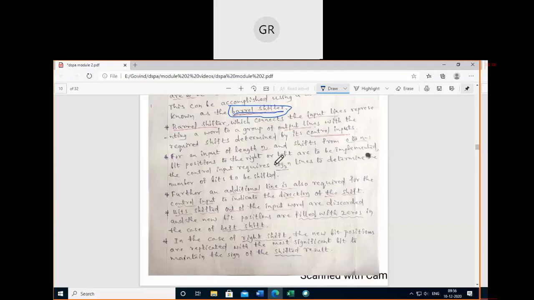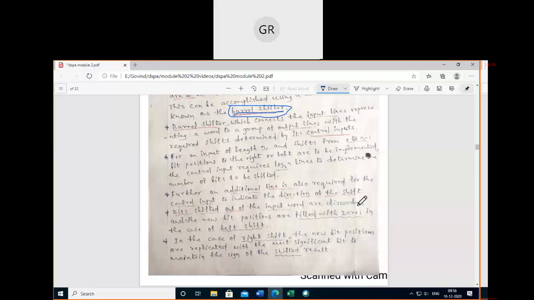Here the control inputs have to be log n base 2 bits, log n base 2 lines, to determine the number of bits to be shifted. Further, an additional line is required for the control input to indicate the direction of the shift.